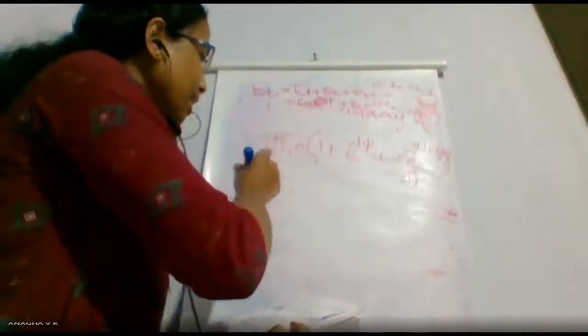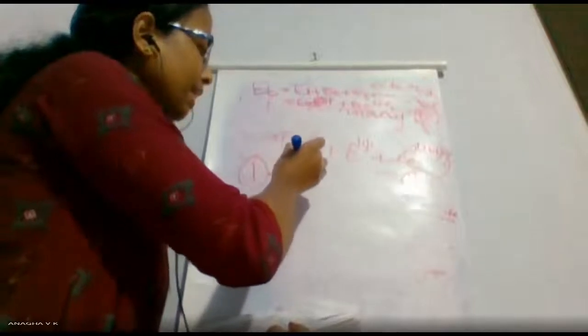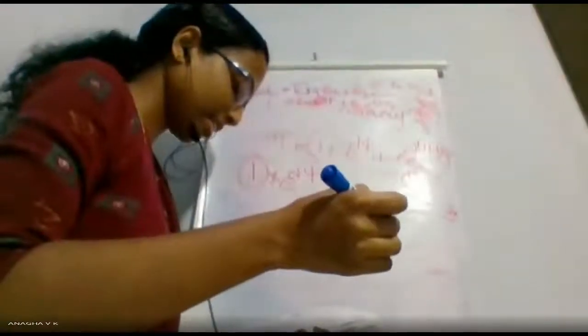Then you multiply this first equation by e raised to j psi.